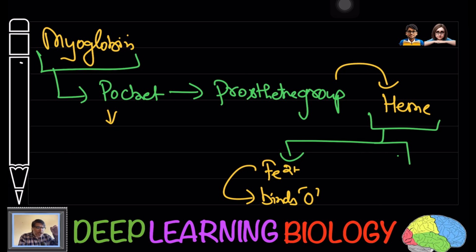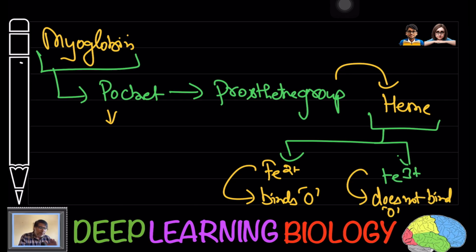When the iron in the heme is present in the ferrous form, it will bind to oxygen. When it is present in ferric form, remember, it doesn't bind to oxygen.